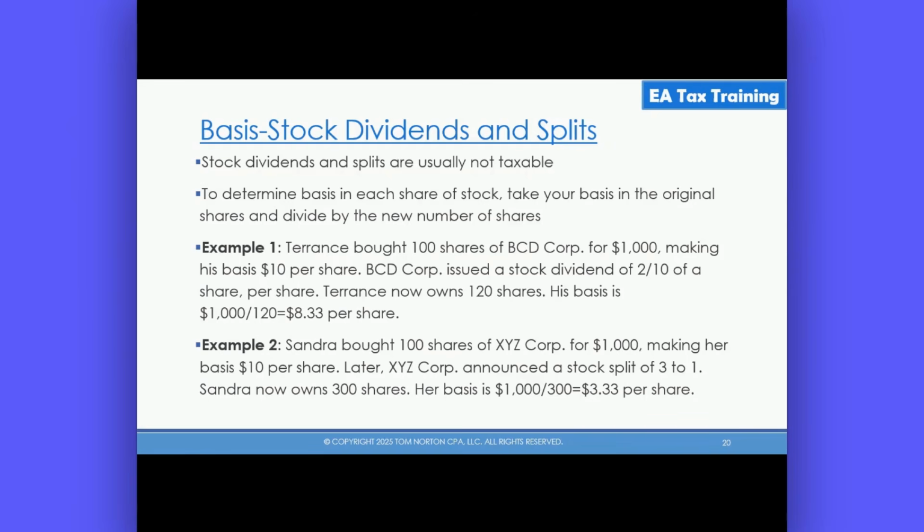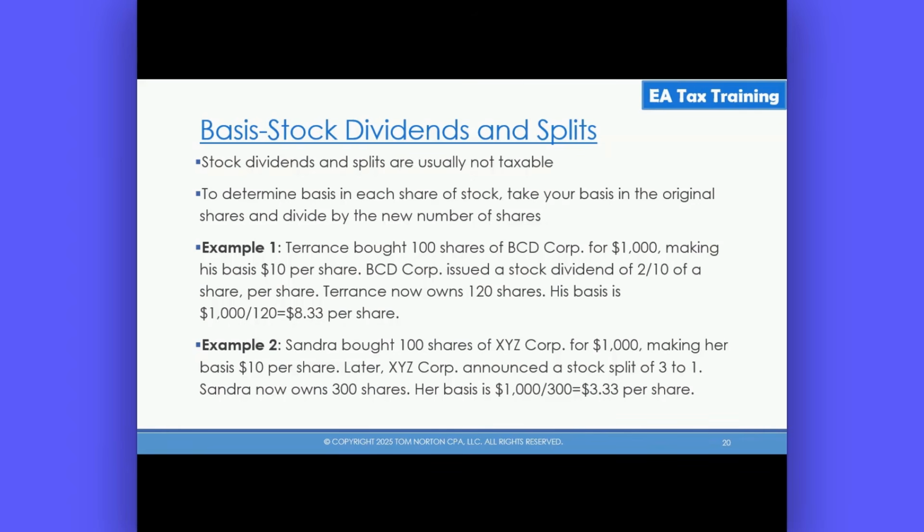Example 2. Sandra bought 100 shares of XYZ Corp for $1,000, making her basis $10 per share. Later, XYZ Corp announced a stock split of 3-1. So Sandra now owns 300 shares. So her basis in the shares is her same $1,000. That hasn't changed. She still invested $1,000 in her shares, but now she owns 300 shares. So her basis per share is $3.33.